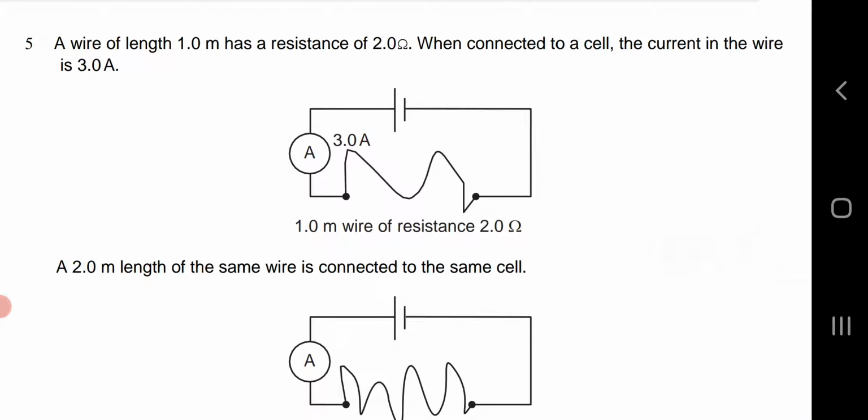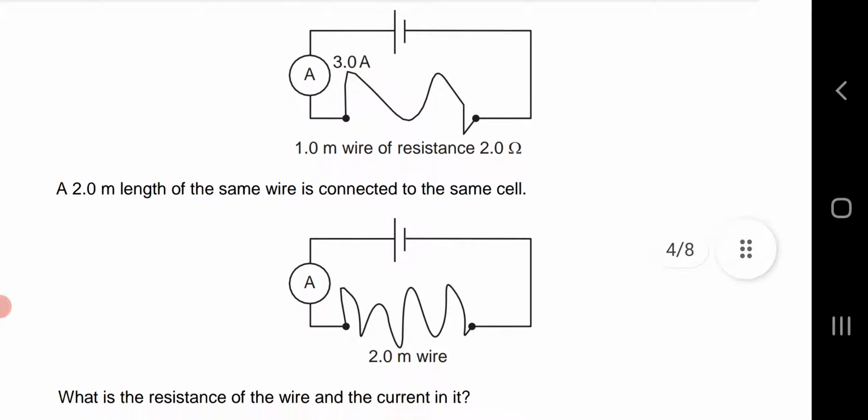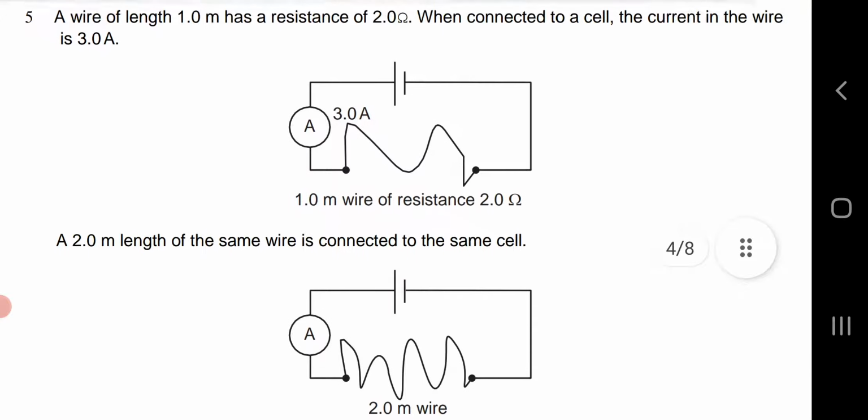Question number 5. A wire of length 1 meter has a resistance of 2 ohms. When connected to a cell, the current in the wire is 3 amperes. A 2 meter length of the same wire is connected to the same cell. What is the resistance of the wire and the current in it?